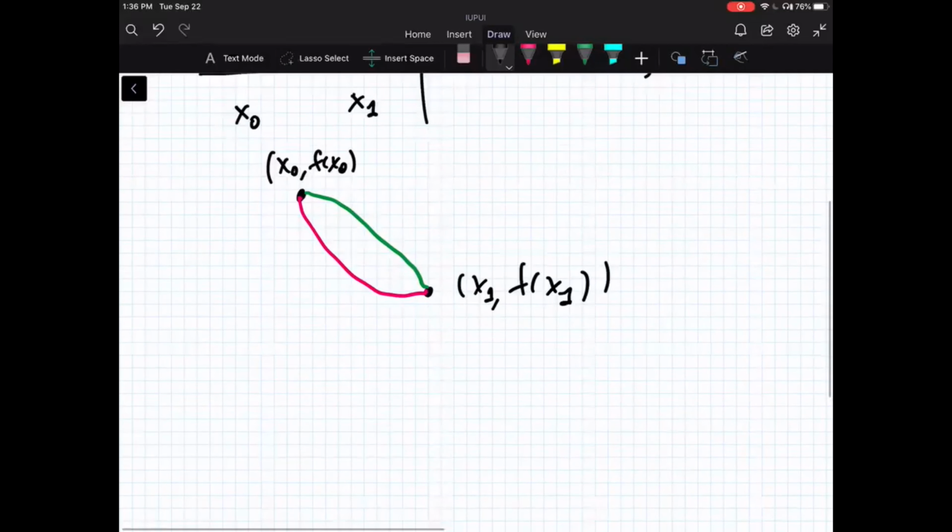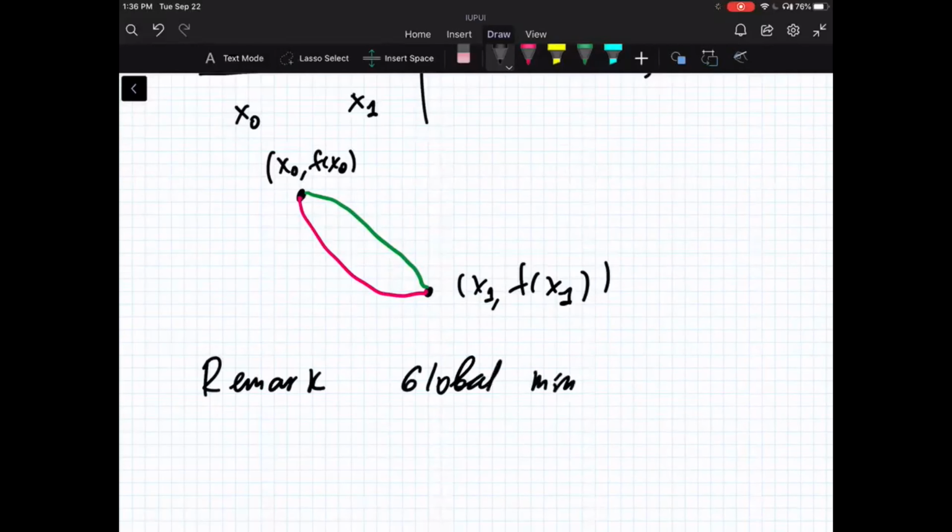But let me make a remark about global minimum and local minimum or maximum.